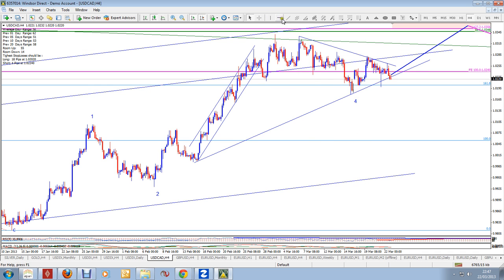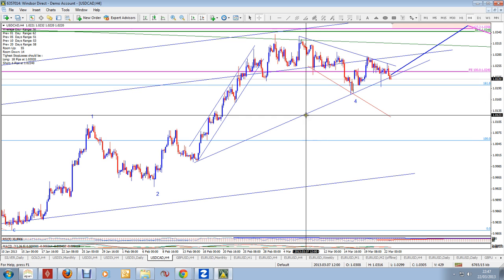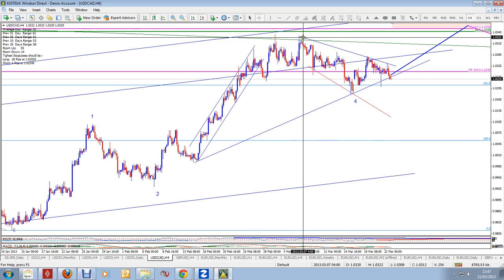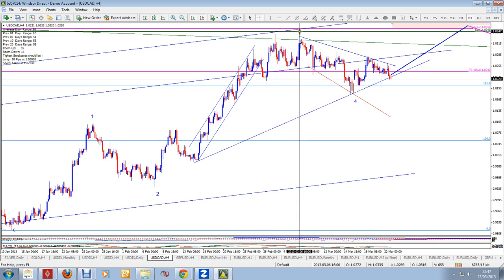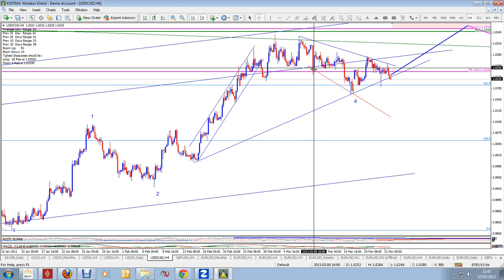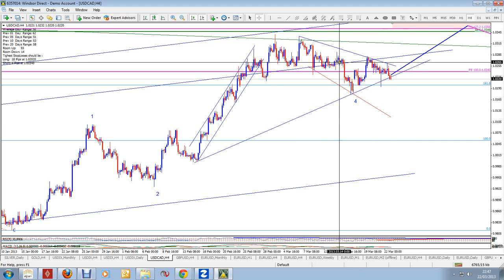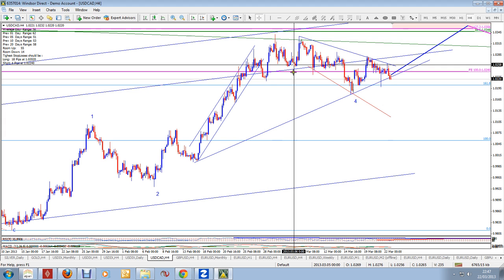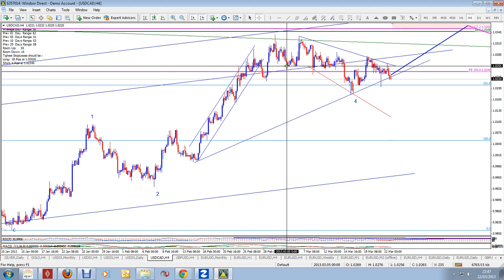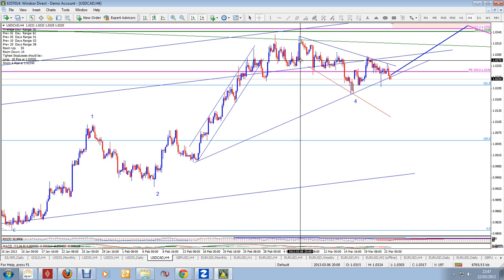So if I was to do this one, then possibly what we've got, and again I'm not very happy with it, is, if it topped over here, which I don't think so, then we've got this as a possibly expanding leading diagonal. Otherwise we may have wave ABC as wave A, then you've got small a, small b and small c.